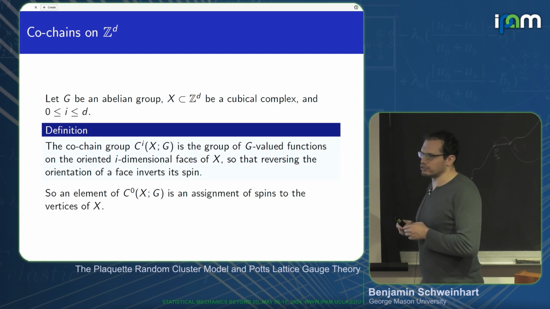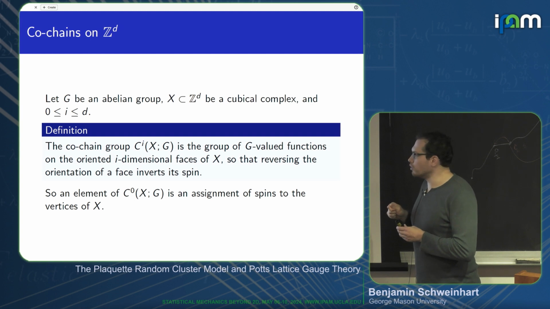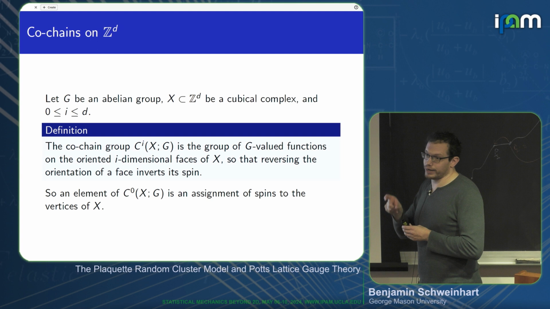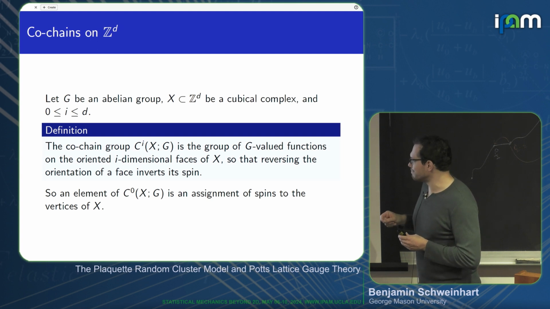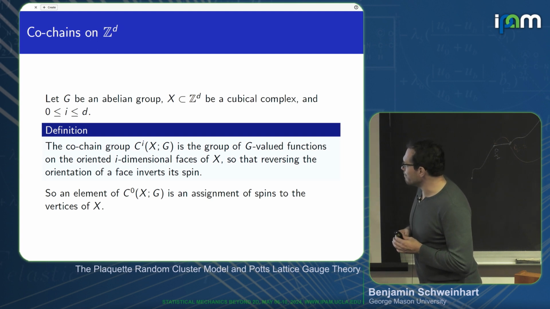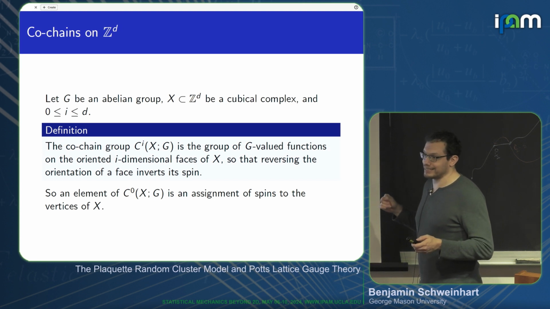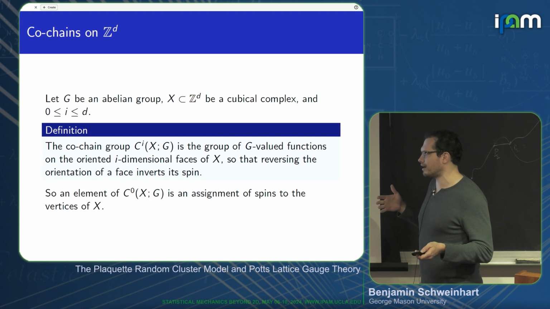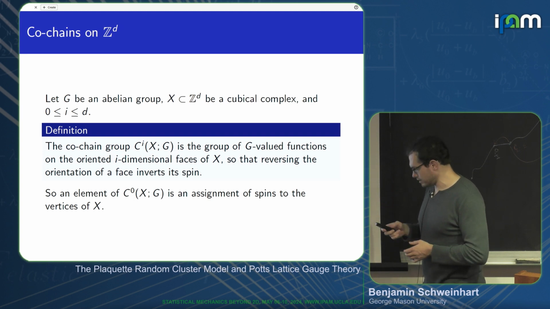There's also a 1-cochain associated with the classical Ising and Potts models, where you assign to an oriented edge from V to W the spin at W minus the spin at V. Notice that the spin you assign to the edge depends on the orientation of the edge, which is why we want to assign spins to oriented faces rather than just faces, though if G equals Z2, it doesn't matter.